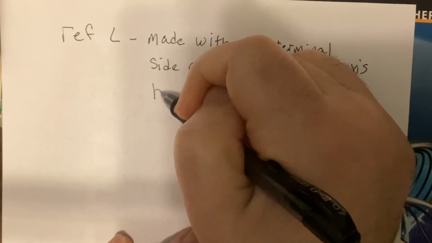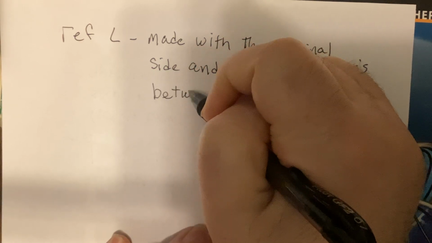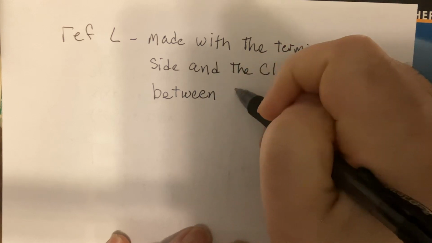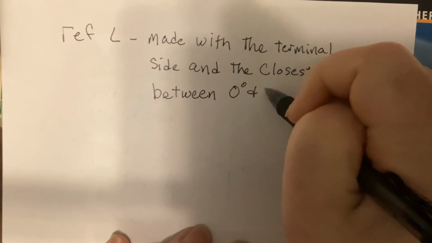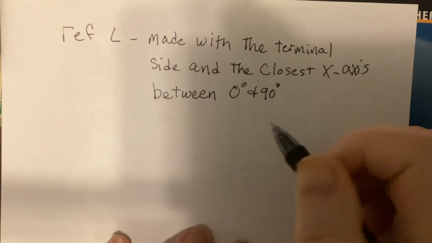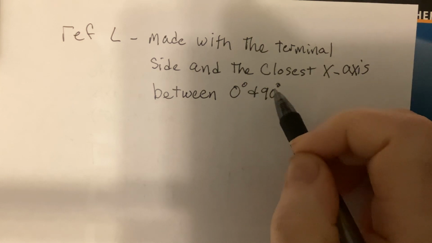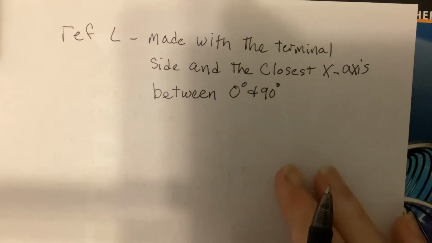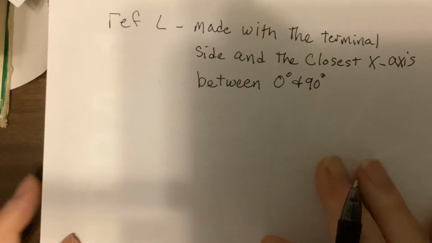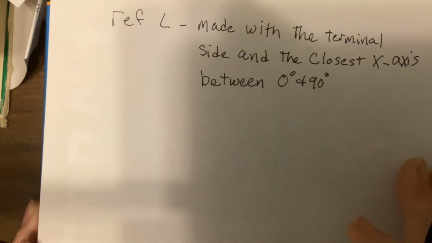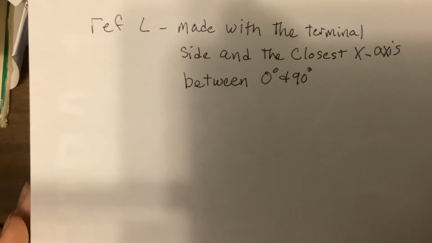It is always between 0 and 90 degrees, but does not include 0 and 90. If it was 0 or 90, that would be a quadrantal angle. So we're going to find angle measures that are not quadrantal.